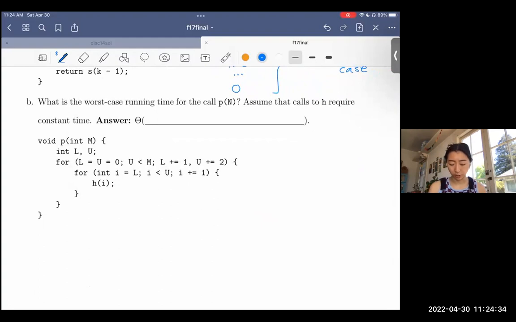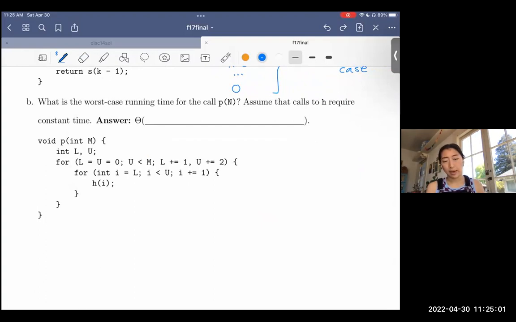And so let's check out this function. We see that we have two numbers, L and U, which start at 0. We're going to go while U is less than N, which is really our input size. And we see that L increments by 1 and U increments by 2. So I'm almost thinking of L as lower and U as upper.